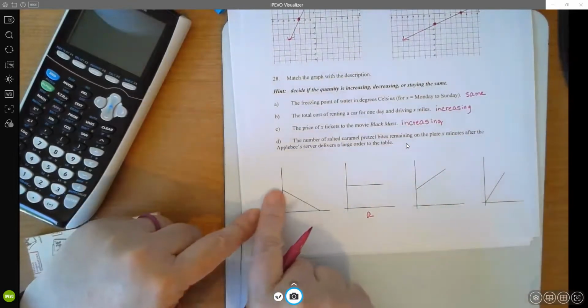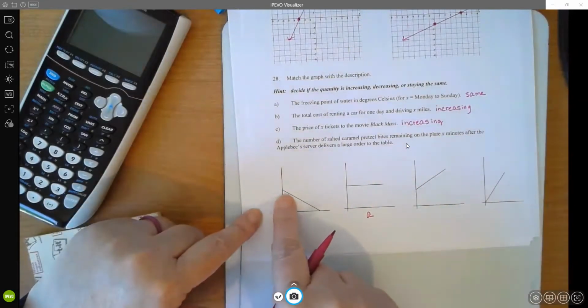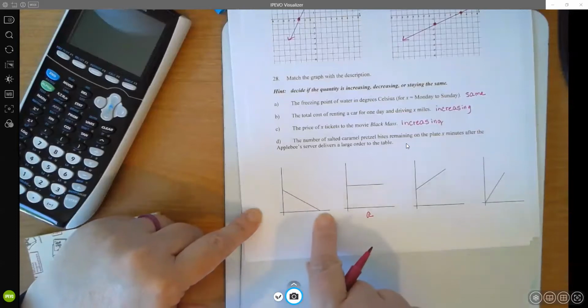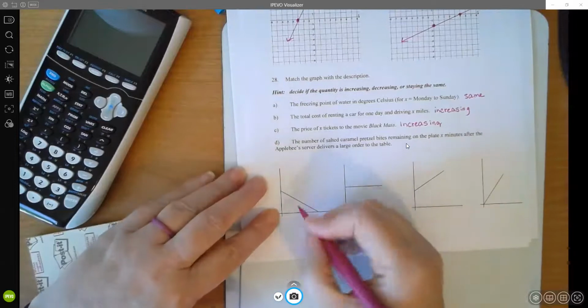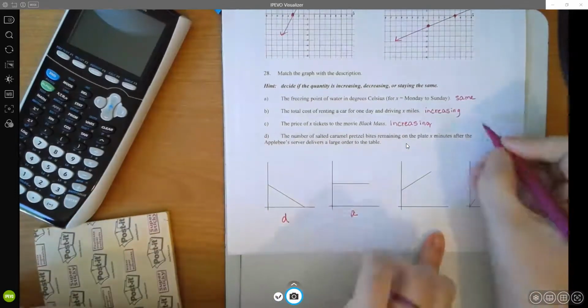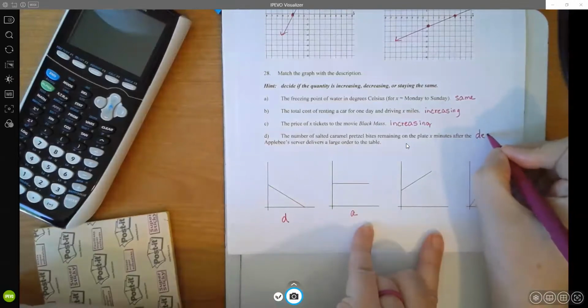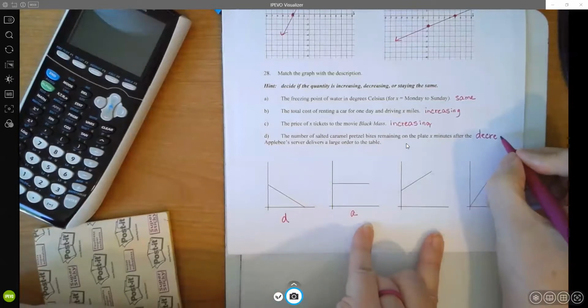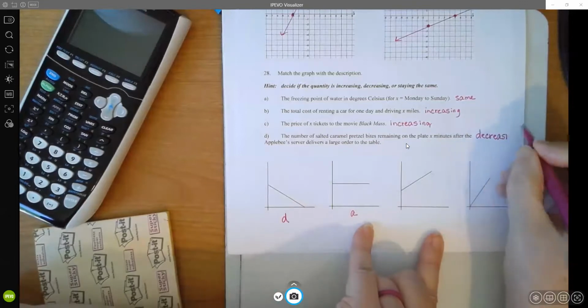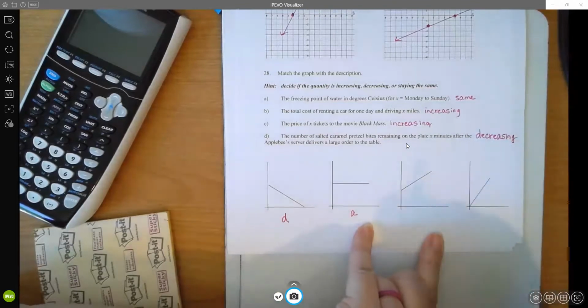So there's a whole bunch there, and then there's so many minutes until all of them are gone and there's 0 left. That makes perfect sense for the letter D. So that would be decreasing.